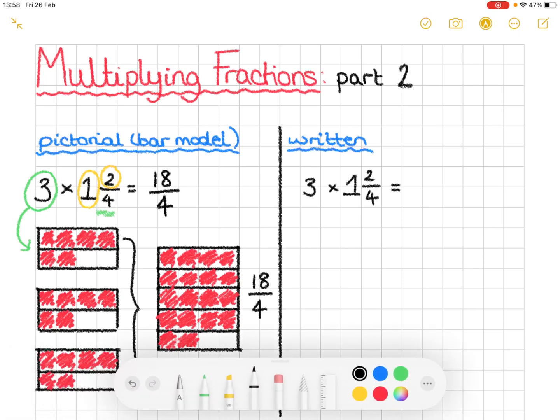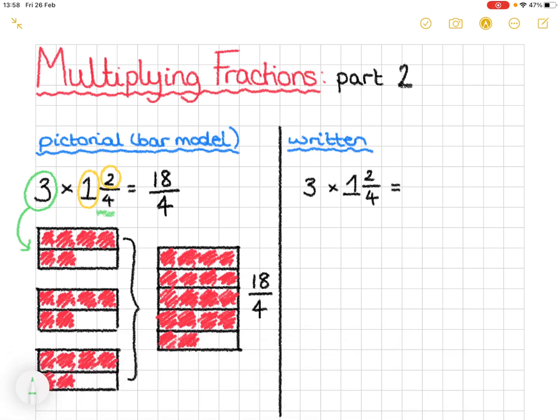So if we go for those golden rules again, written method. So we multiply the full number and the numerator. So once again, we do not touch that denominator.